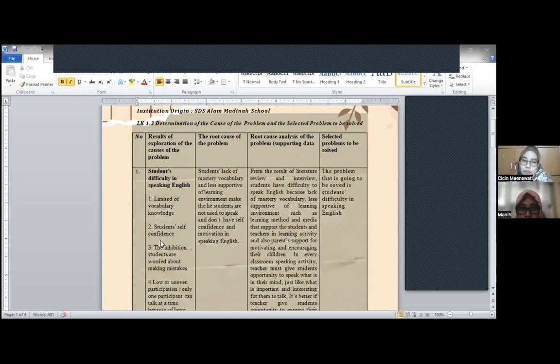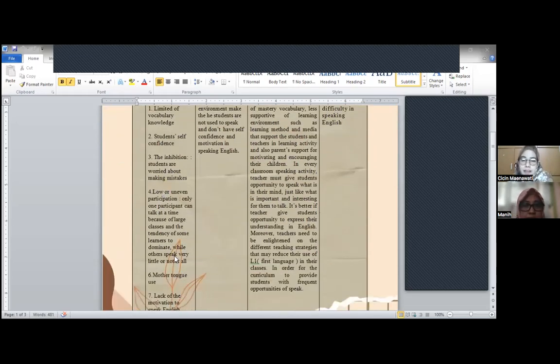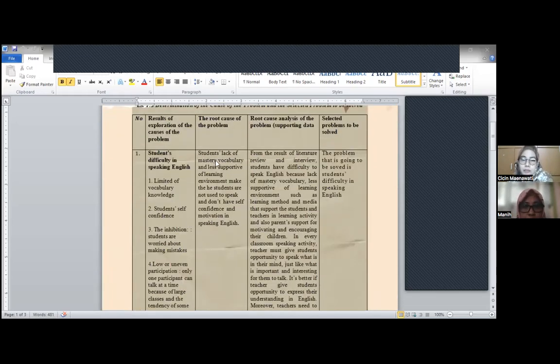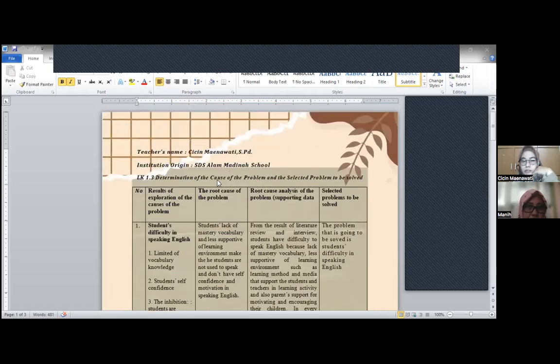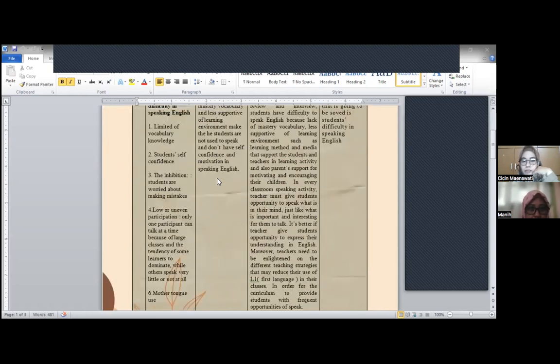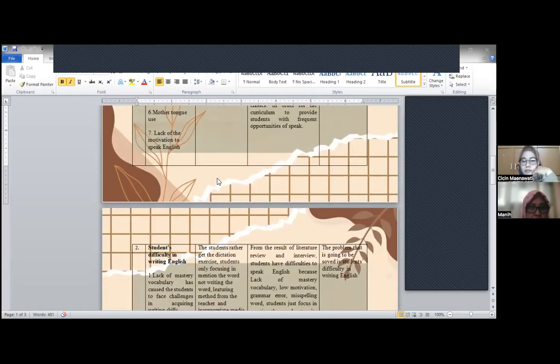Means one, two, three, four, five. And then the root cause of the problem from this result is in column two. May I see it scroll down? Yes. This is two.